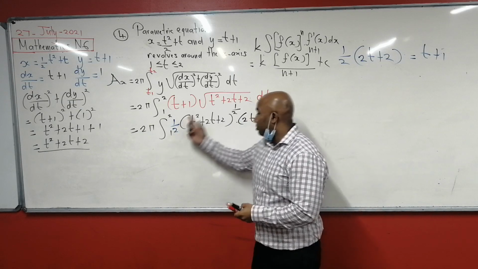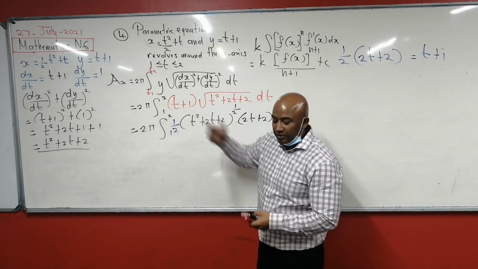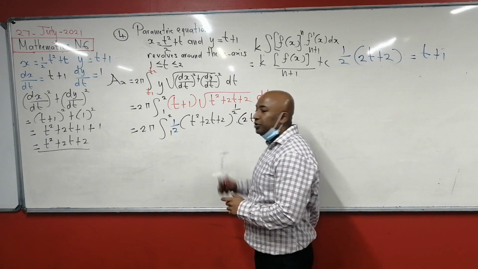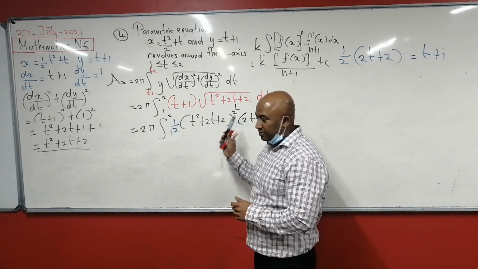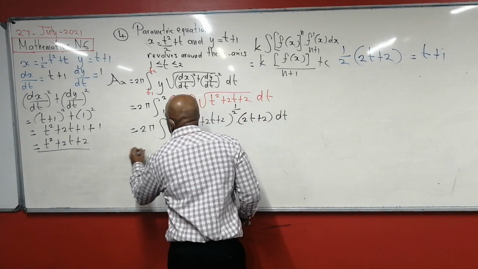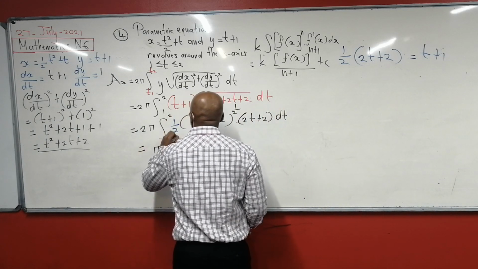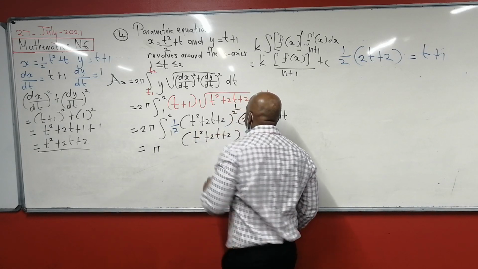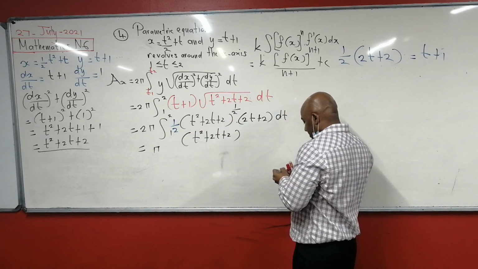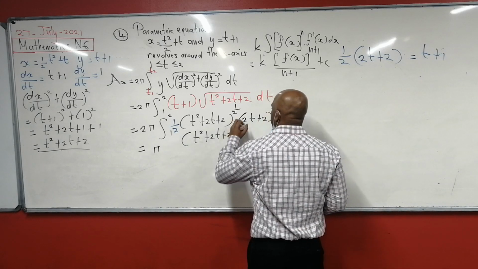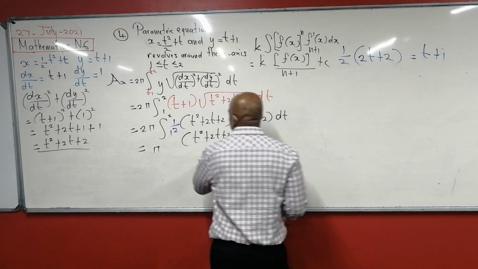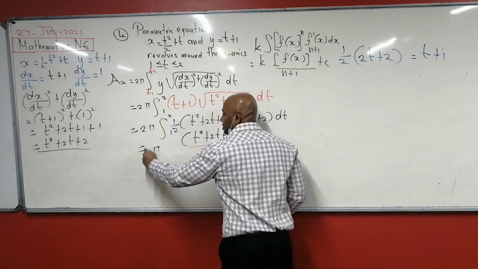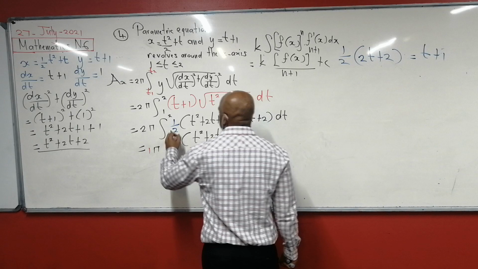If I multiply this out, you get back to what it was. But if you're not familiar with this, then you use substitution. So that's going to be pi, times t squared plus 2t plus 2, to the power half plus 1, that's 3 over 2, all divided by 3 over 2. This half multiplied by the 2 cancelled, it gave you 1.